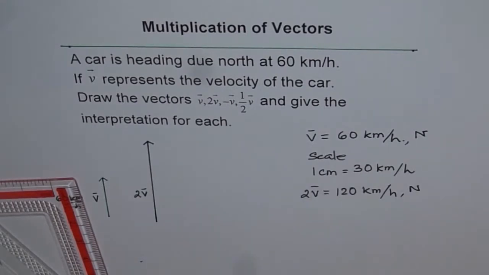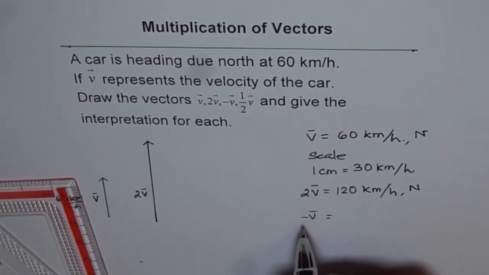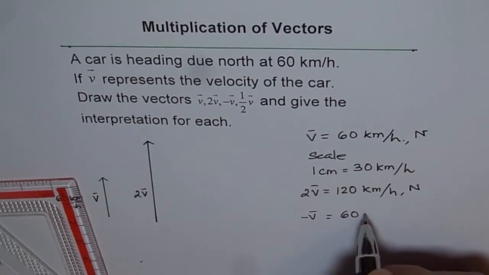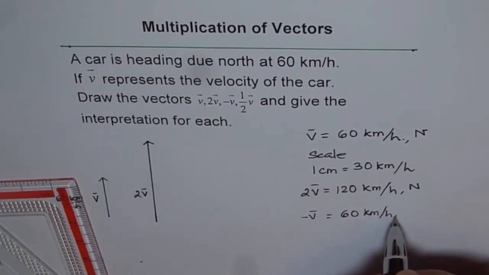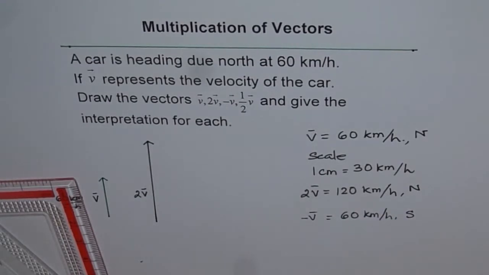How about minus v? If I do minus v, minus means the direction reverses. So we have a vector now which is 60 kilometers per hour, but it is heading south instead of north, right?